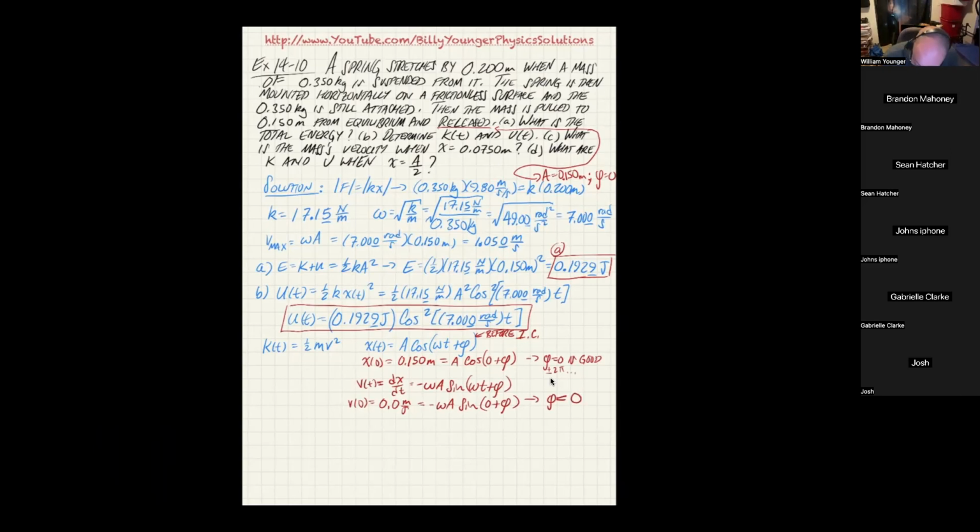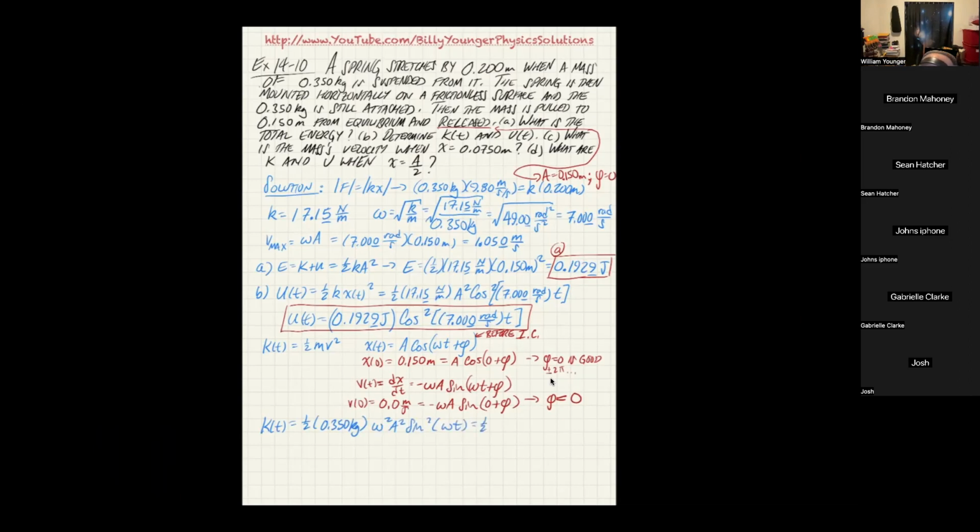So now I can calculate K of t is equal to 1/2 times the mass, which is 0.350 kilograms, times, now we've got to square the velocity. So that's omega squared. Notice the negative is just going to become positive. So that's omega squared times a squared times the sine squared of just omega t, which means we can put all these values in.